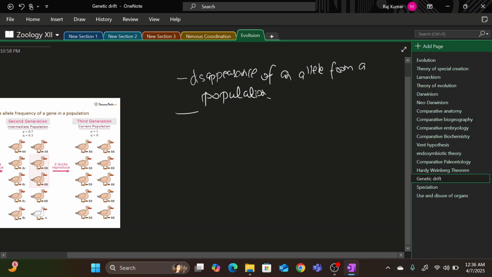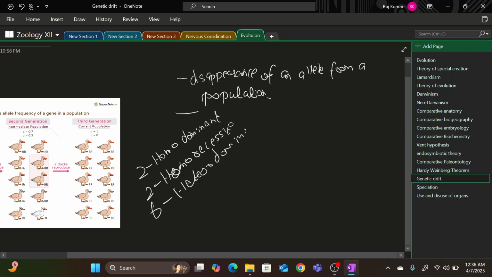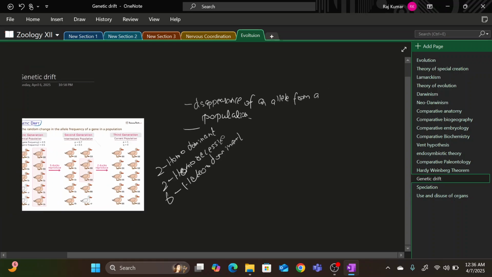Out of these 10 ducks, two are homozygous dominant, two are homozygous recessive, and six are heterozygous dominant. So this is the entire genotype, right?